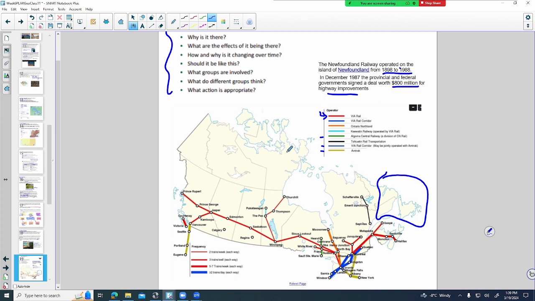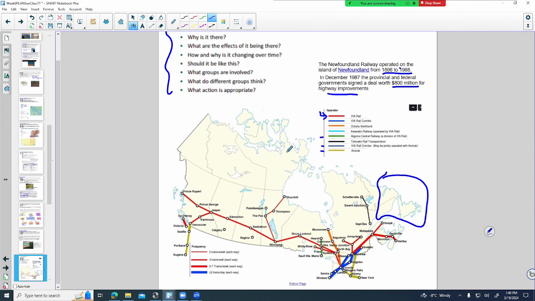If you look at the Via Rail, where do you see these operating? So it operated Halifax to Montreal, and then Moncton to Quebec. Also goes through Sioux Lookout, Winnipeg, Churchill, Saskatoon, Edmonton, Jasper.